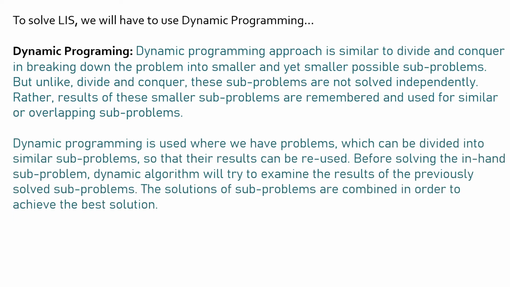Dynamic programming is used where we have problems which can be divided into similar subproblems so that their results can be reused. Before solving the next subproblems, the algorithm will examine the results of the previously solved subproblems. The solutions of subproblems are combined in order to achieve the best solution.